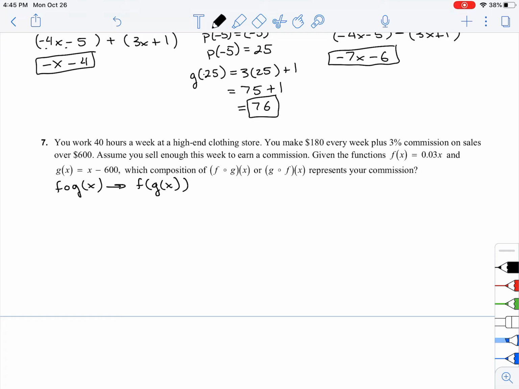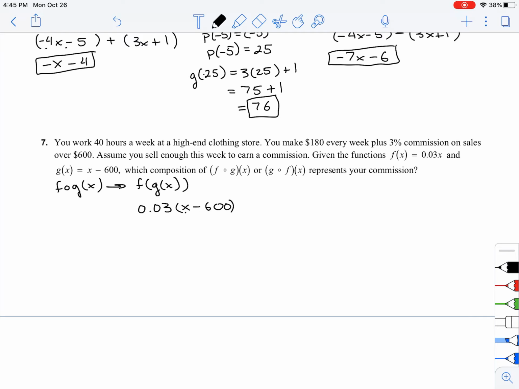So f of x is 0.03, and then g of x is x minus 600. So I'm going to leave it like this because this is a better form. So this is basically saying you're making 3% off of whatever your sales are minus $600.